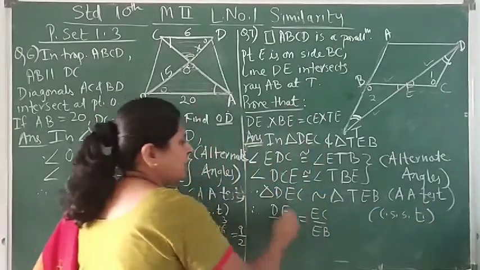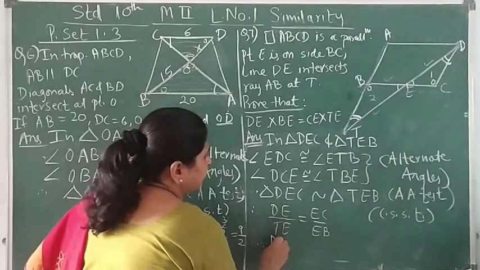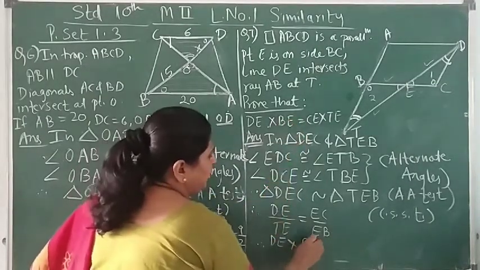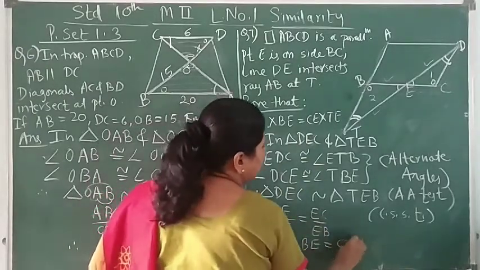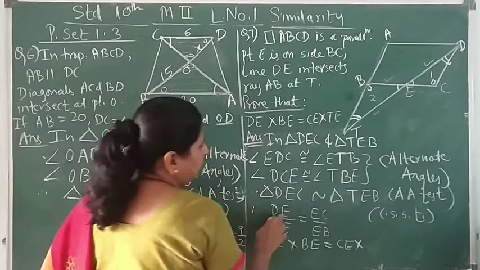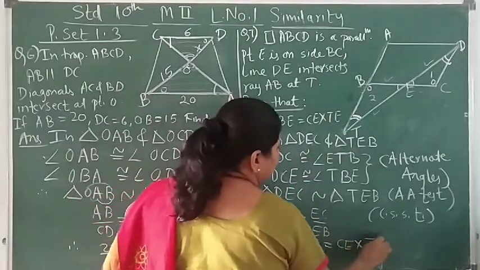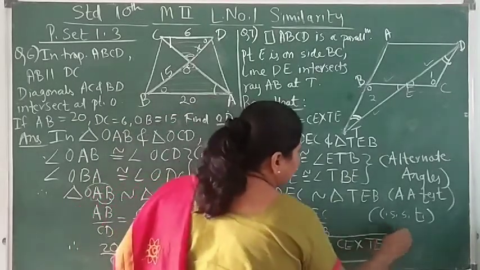They are in proportion. And now by cross multiplication you can get DE into EB. You can write it as BE as you require in the question. Now here EC you can write as CE into TE. So we have proved the required product.